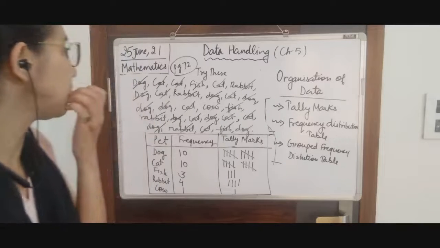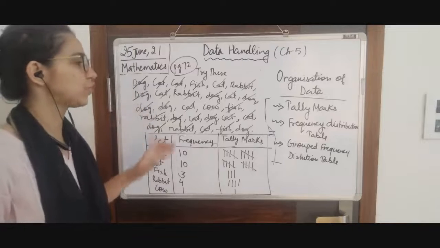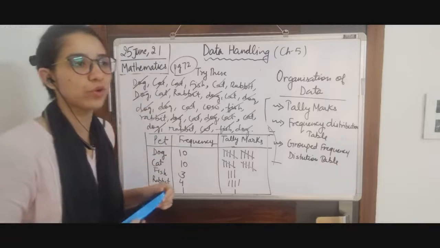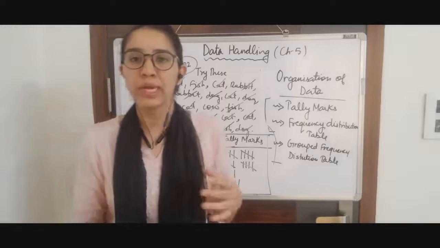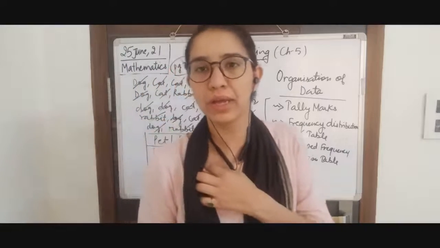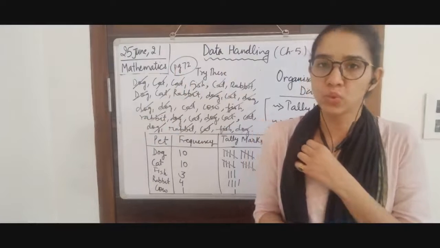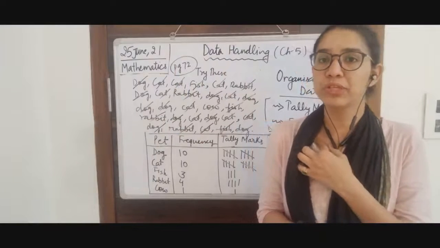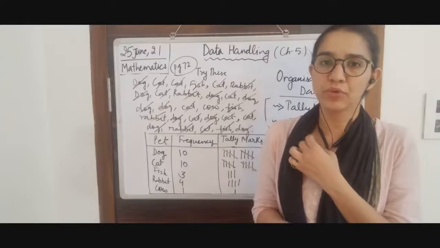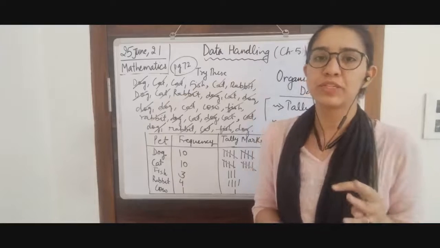Now sometimes the data is in this form, but sometimes suppose we want to organize the weight of every student in our school. Then there are going to be more than 3,000 or 4,000 weights of different students.